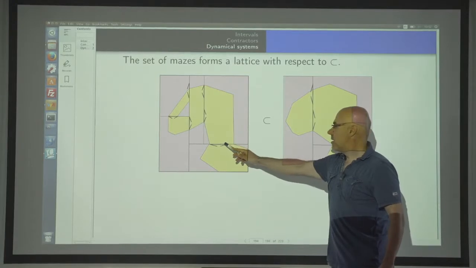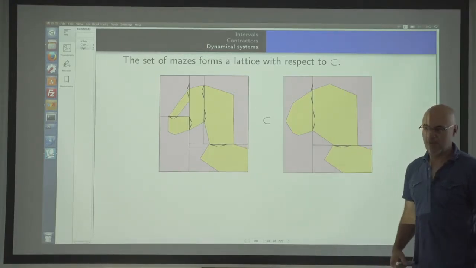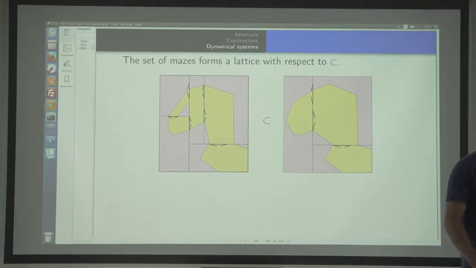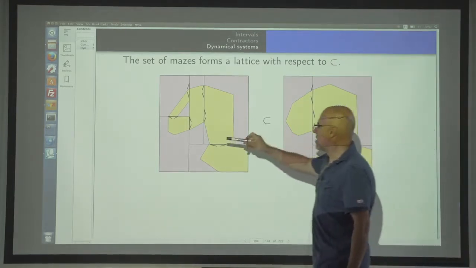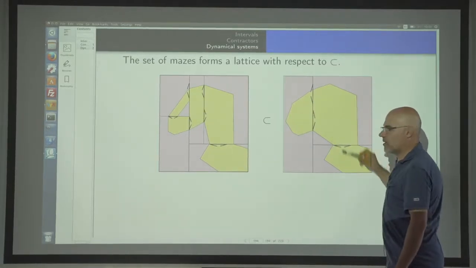This maze is included in this maze. Do you understand this? This maze is included in this one. Why? Because if I take a path in this maze, it also belongs to this one.